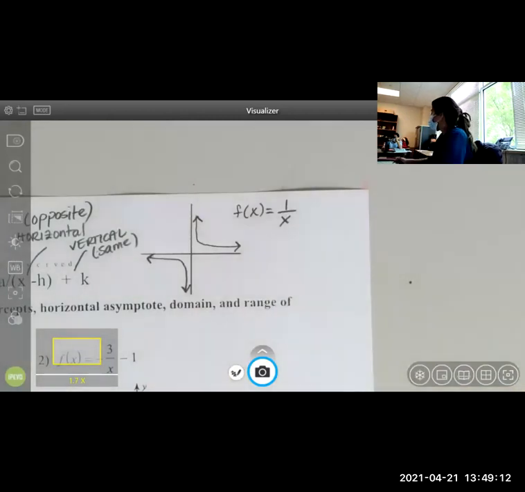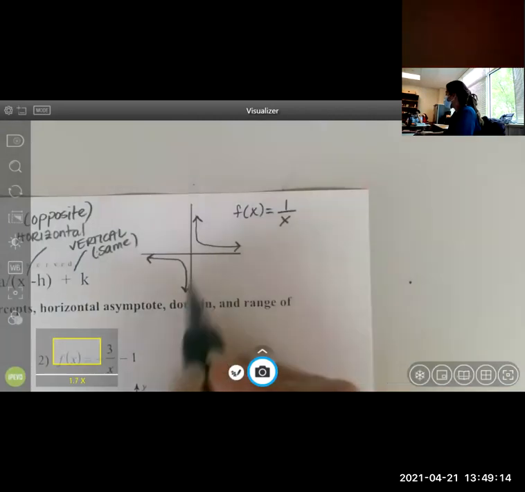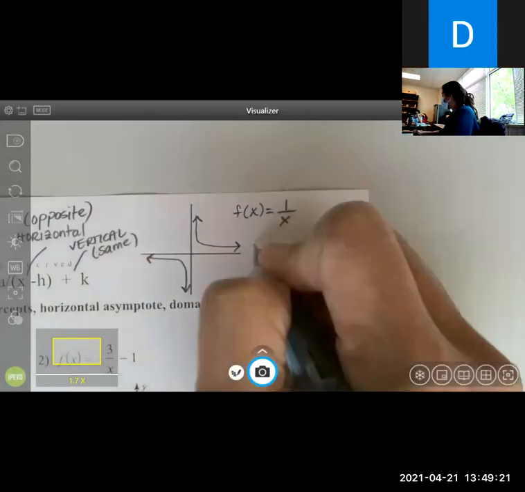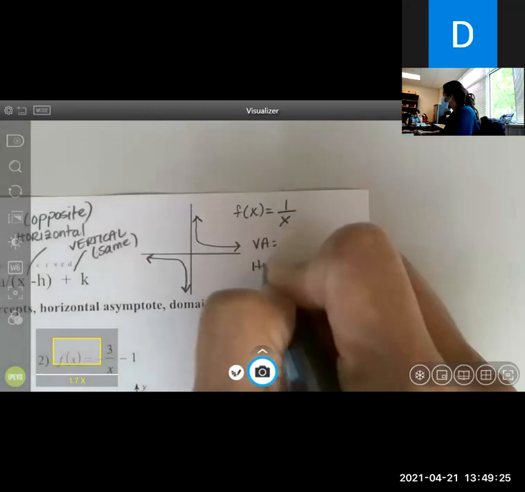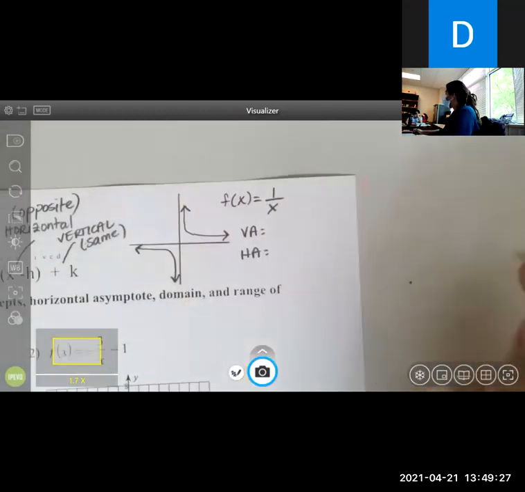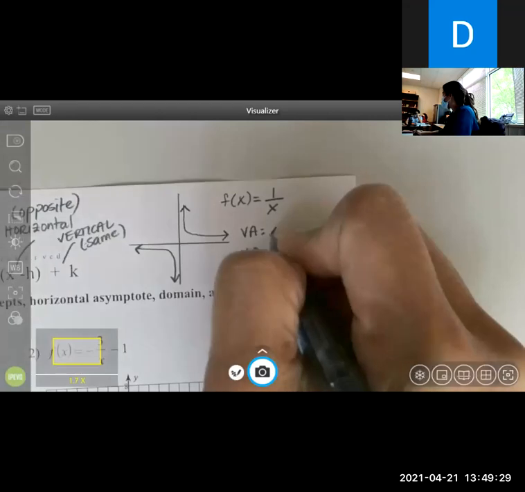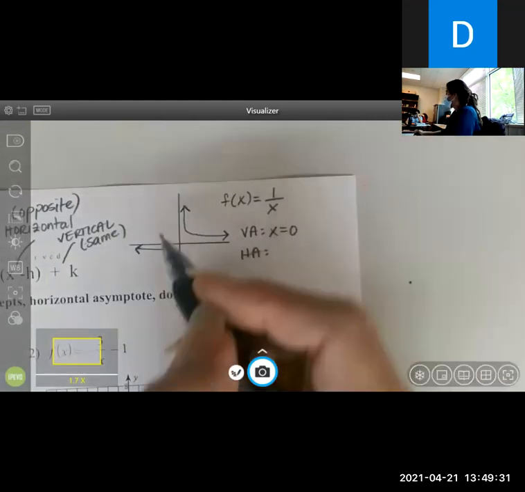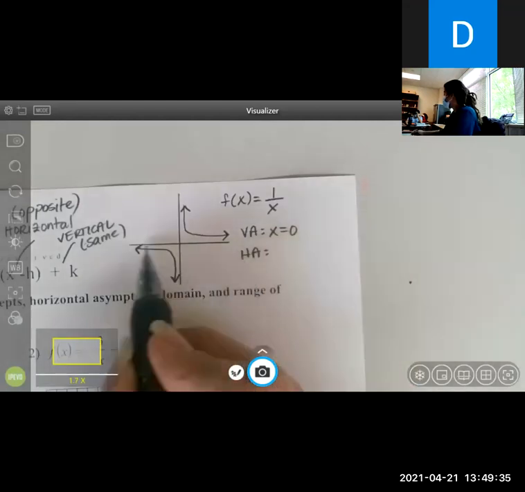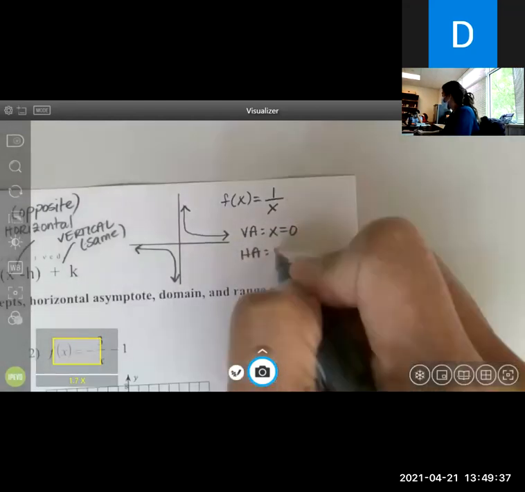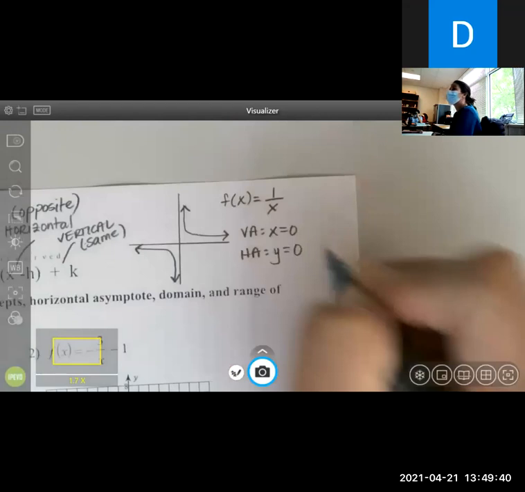Please note that our functions never intersect the x or the y axis. What that means is they have a vertical and a horizontal asymptote. The vertical asymptote is x equals 0, which is your y axis, and the horizontal asymptote is the x axis at y equals 0.